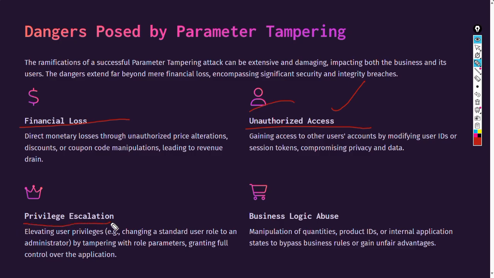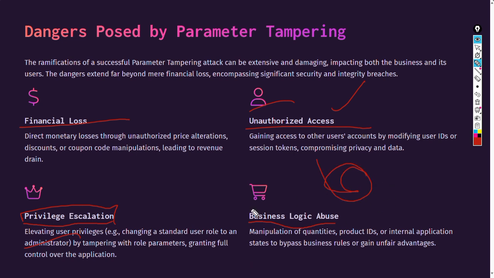I mean, obviously we can change a person to an administrator and do some stuff that only administrators can do. So it's privilege escalation, and obviously it abuses the business logic as we are manipulating price, quantities, and application behavior.